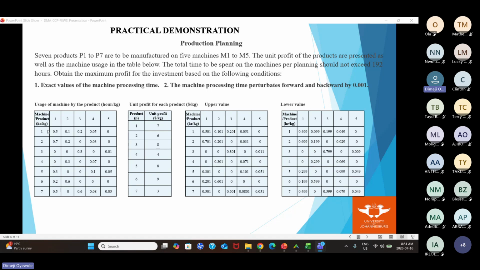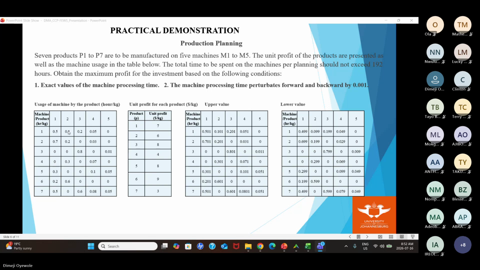If you are to manufacture 1 kg of product 1 on machine 1, it takes 0.5 hours. On machine 2, 1 kg is going to take you 0.1 hour.